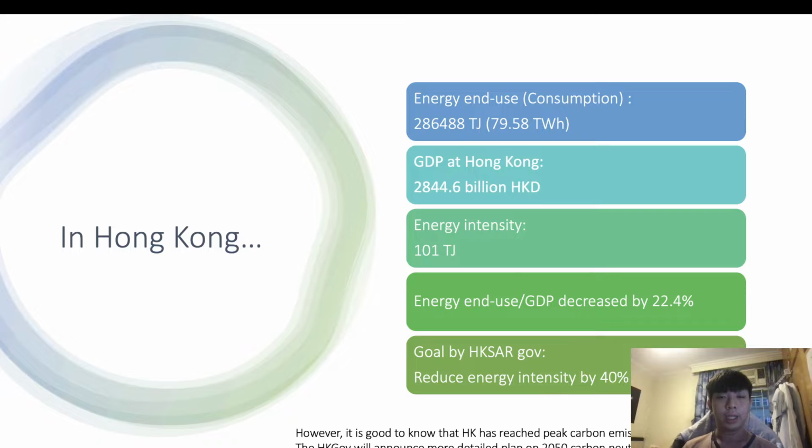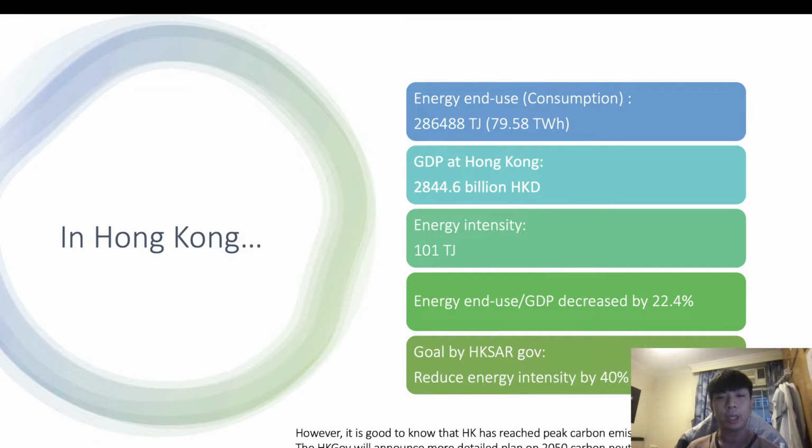In Hong Kong, these are the figures from EMSD regarding the energy end use, summarized here. The usage of energy is quite huge. For example, the end use consumption is 79.58 terawatt hours, but from 2015 to 2022 the end use figure is quite similar, around these numbers, and GDP energy intensity has been decreasing.